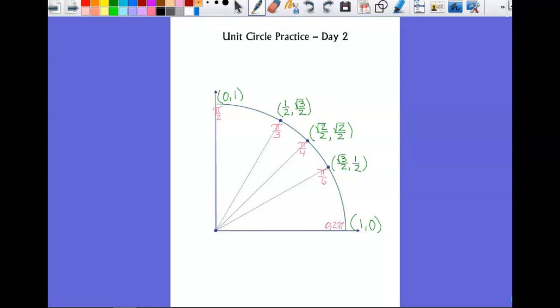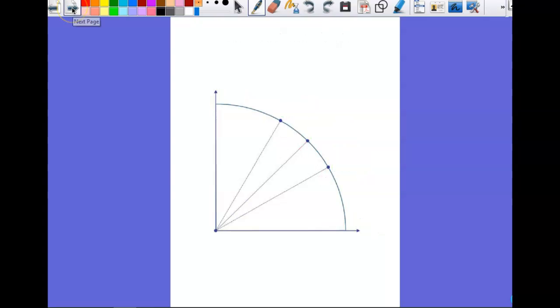Yes? Awesome. All right, so now I want you to go to your second first quadrant, the one right underneath it. And on this one, I want you to fill in the radian measures and then the tangent values to the best of your abilities. All right, make that happen.